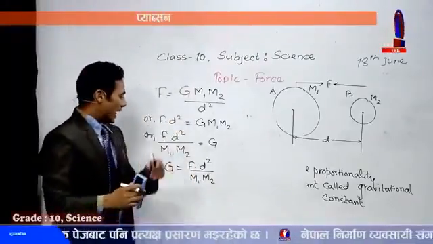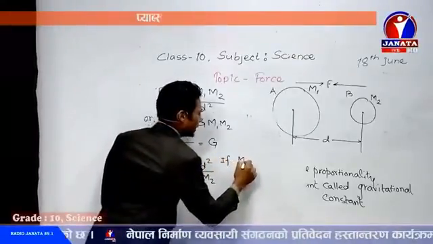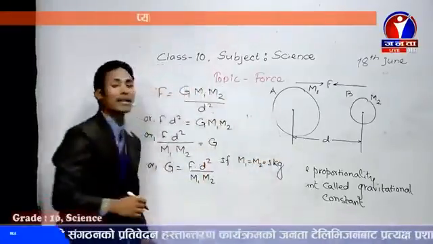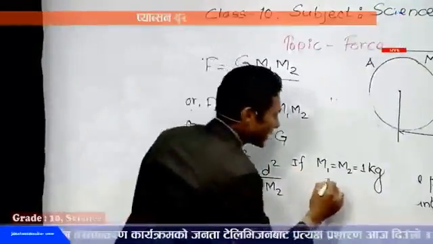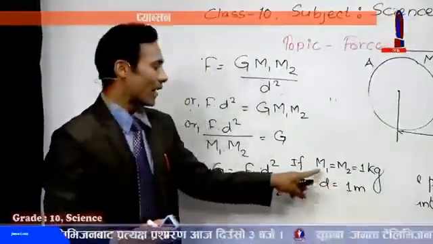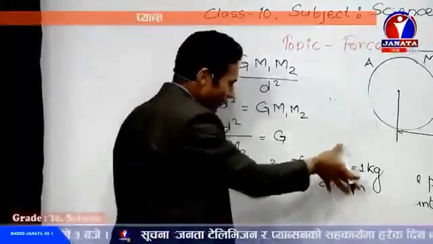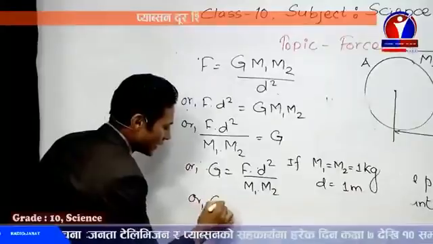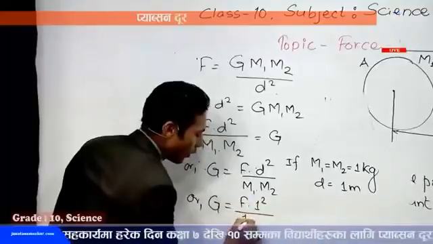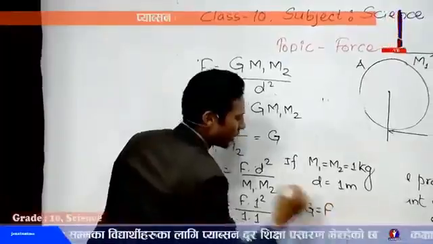Now if m1 equals to m2 equals to 1 kg, if I take this unit mass, and distance between them also, let's say unit distance 1 meter, then if you substitute these values here, we will get G equals to F into 1 square divided by 1 into 1. That is G equals to F.